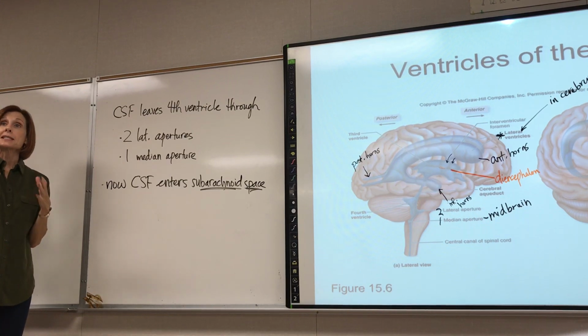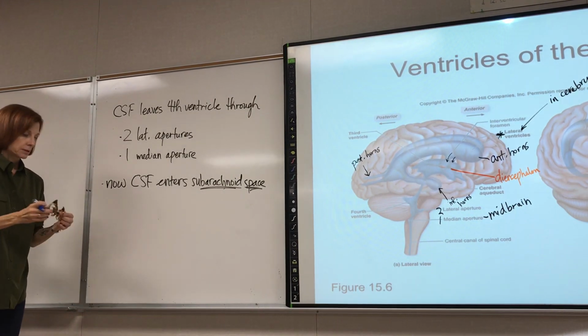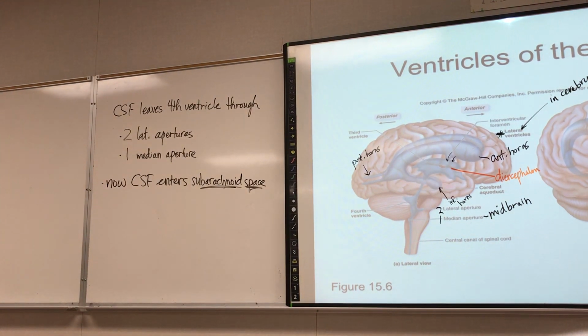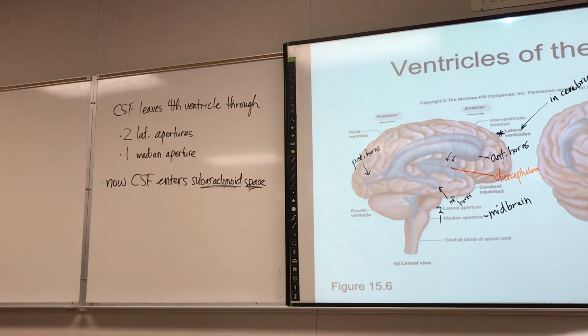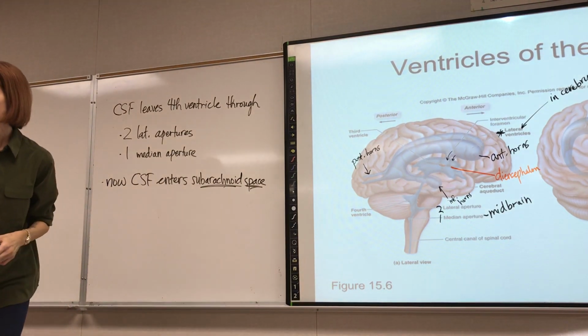Okay, so to understand where the subarachnoid space is, we need to talk about the meninges. Do you guys feel okay with the ventricles? I need to go over the process from the beginning, like the travel, the flow? Yeah. Okay, but I could do that later on. You better go over it.